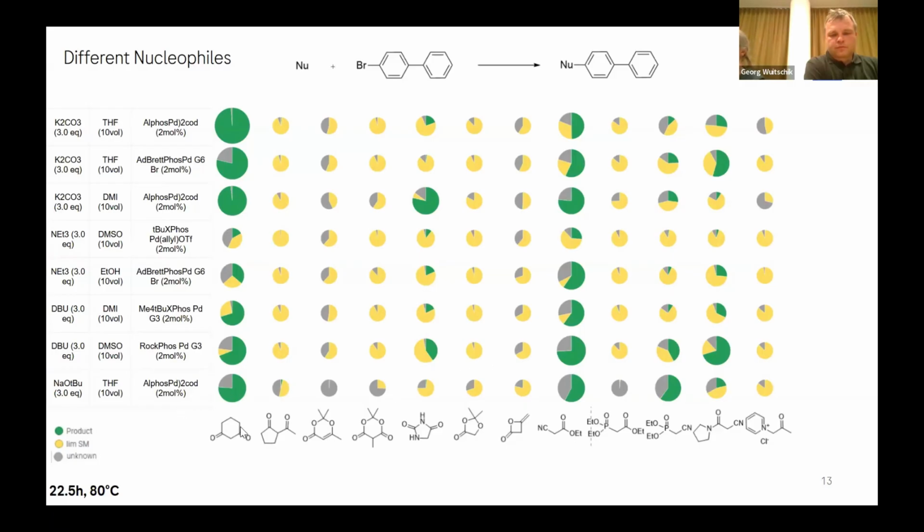So that was pretty good. It actually worked with many different pre-catalysts and different solvent-base combinations. What puzzled us also was this hydantoin. We were like, oh, this would be super cool if you can make a CC coupling here with palladium on hydantoin, because yeah, you wouldn't expect that to work.